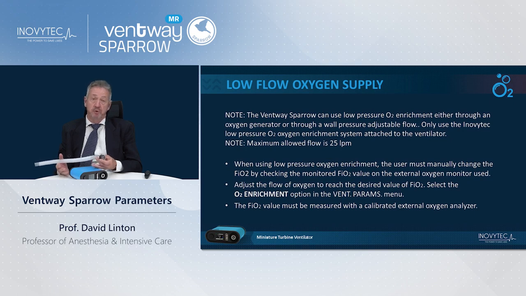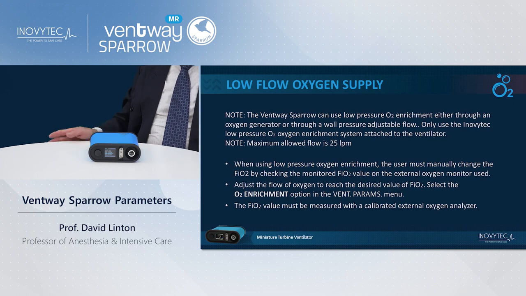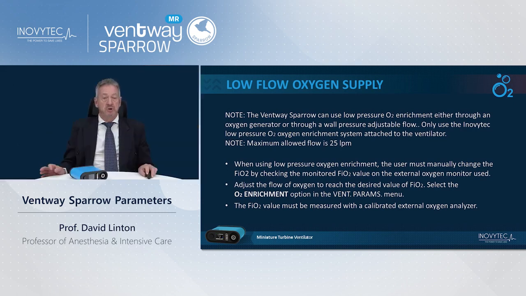I personally have used this system on an airline flight with a patient ventilated all the way to the United States and back. When using the low pressure oxygen enrichment system, you must manually change the flow from the flow meter from the low pressure bottle or oxygen concentrator and monitor the patient oxygen delivery either by measuring the oxygen in the circuit or by using a pulse oximeter to determine that the patient's saturation is adequate.